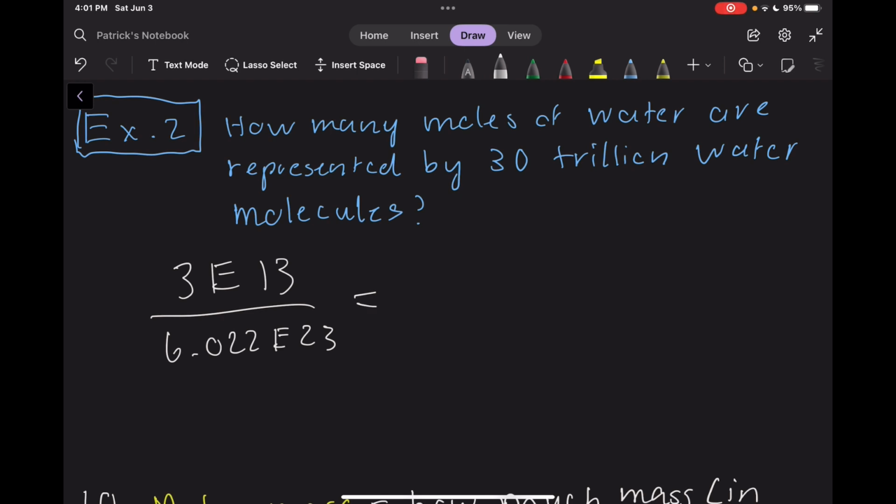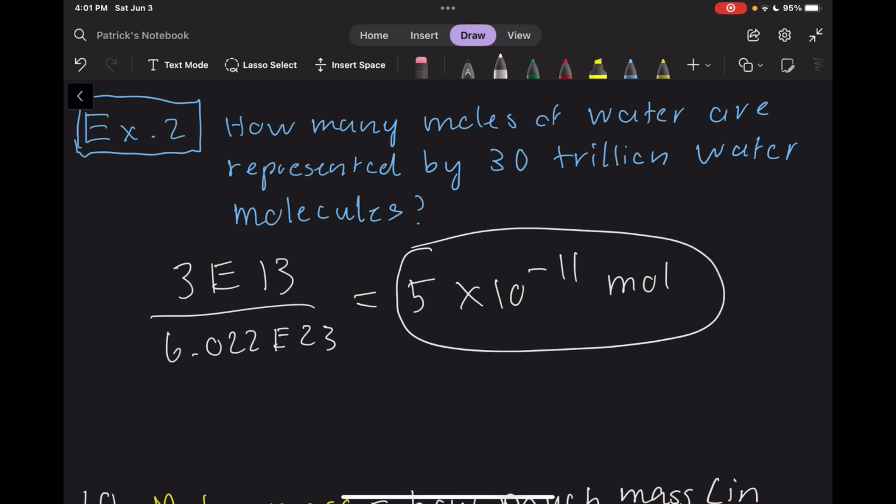The answer is about 5 times 10 to the negative 11th power. The unit is moles. As we can see, 30 trillion isn't really that huge a number as far as atoms or molecules are concerned.